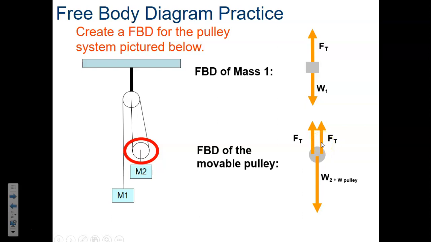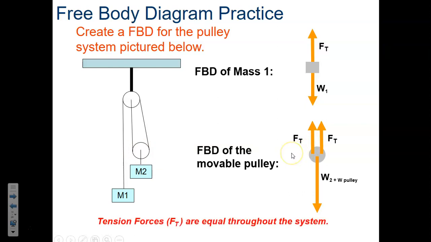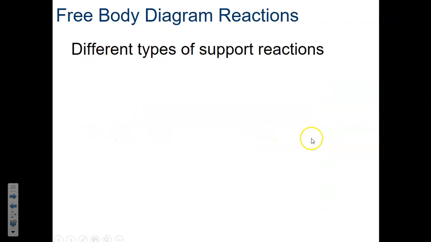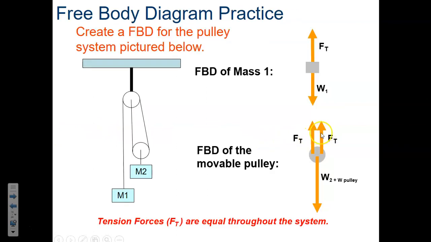And so that's what's different about this one: it's got 2 ropes, 2 tension forces. And this is an interesting fact too. The tension, this F sub T right here, is going to be equal to this F sub T, which is going to be equal to this F sub T, because it's all one rope.